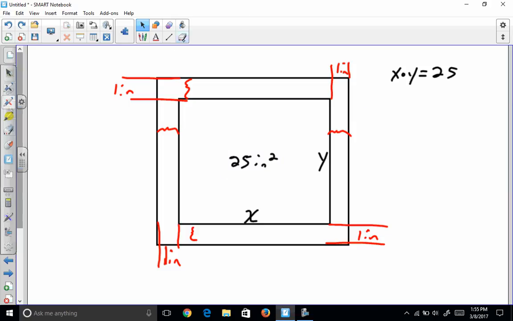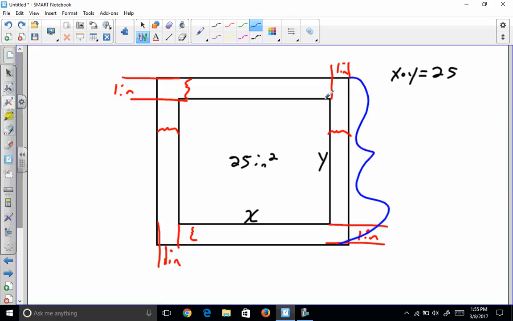So that means that on this side, if this is y, and this is 1, and this is 1, then we have y, and then 2 more. Y plus 2 gives us that total length.